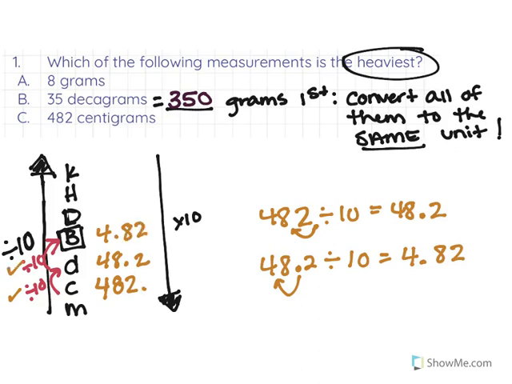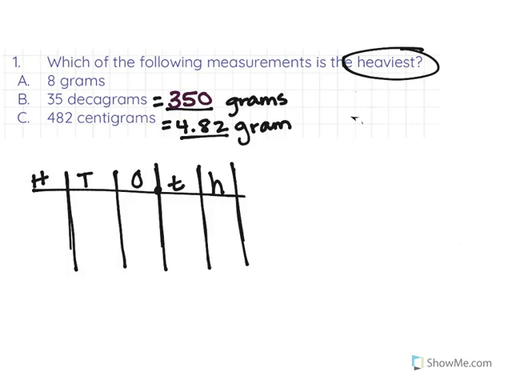Our decimal point shifted to the left twice, and we have 4.82 grams. So now all of our answers are in the same unit. They're all in grams. Now we need to go ahead and compare them to see which one is the heaviest.